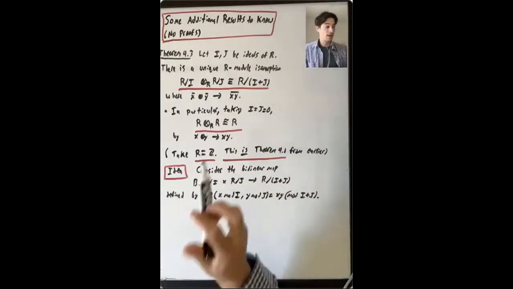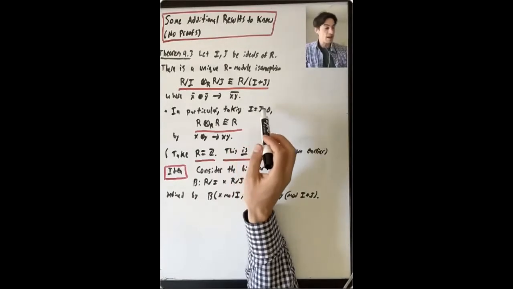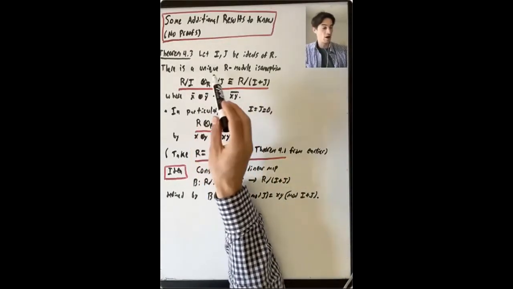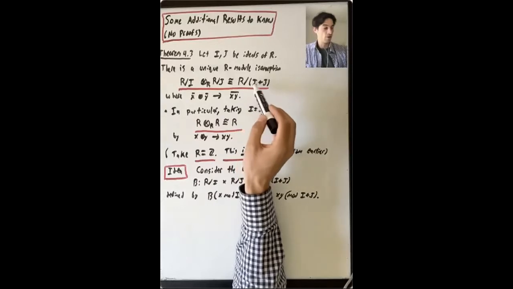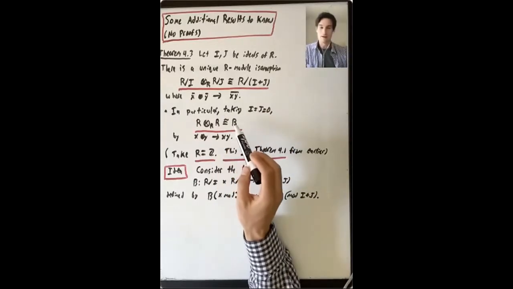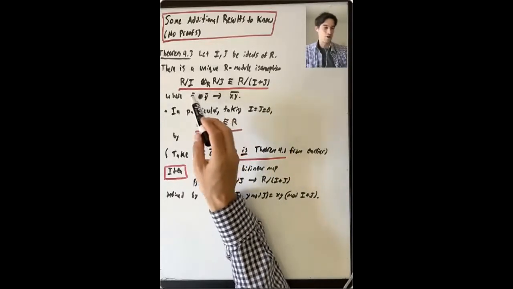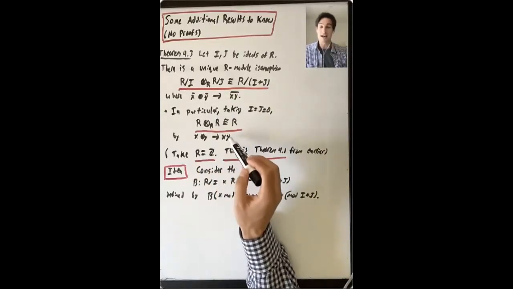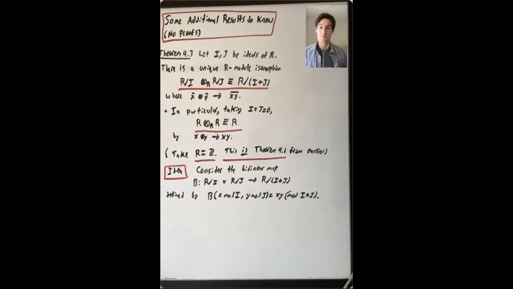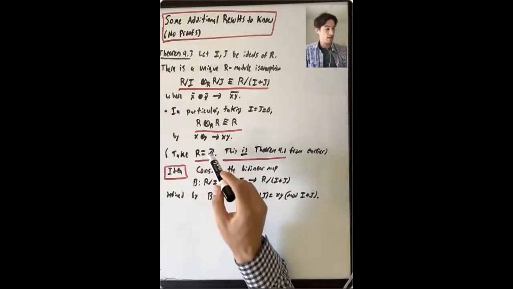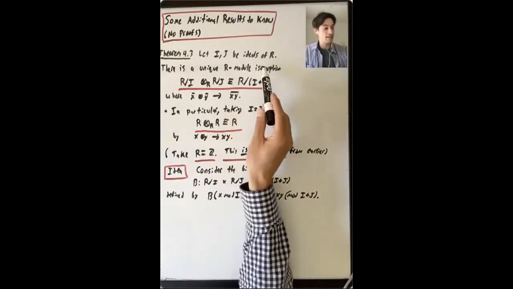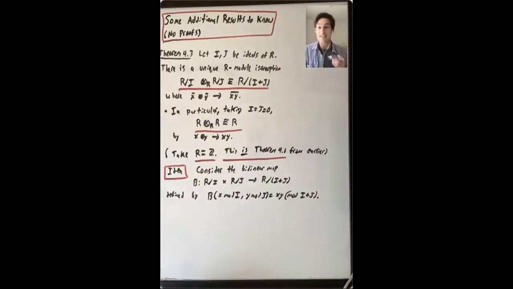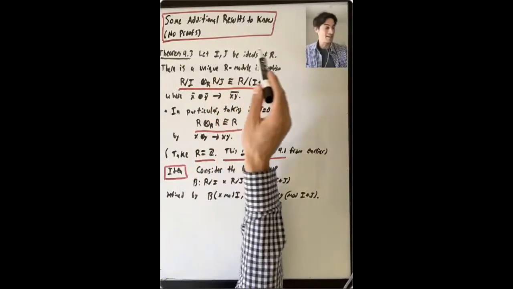All right, so zooming in on a particular case, when you take I equals J equals 0, then this is R tensor R is isomorphic to R. There's no reduction going on here, so you just take x tensor y to the product x times y in R. Another special case to zoom in on is if you take R equals Z. We know what the ideals inside Z look like.